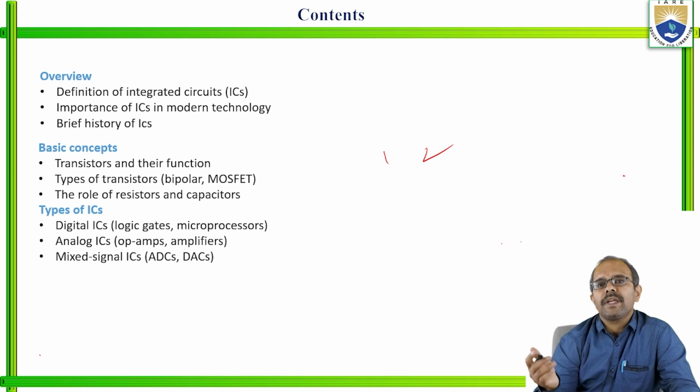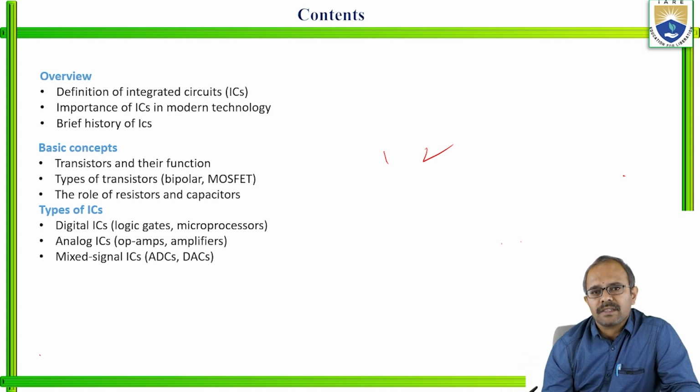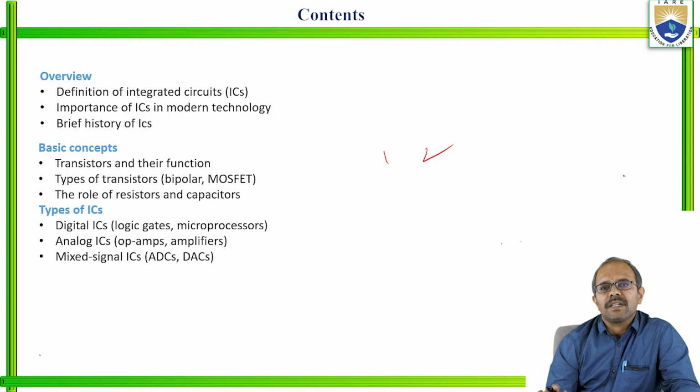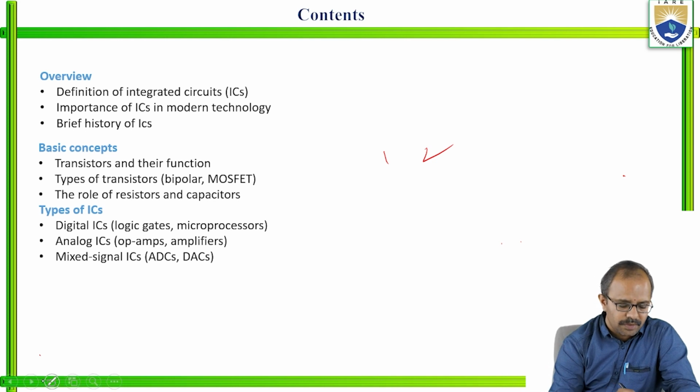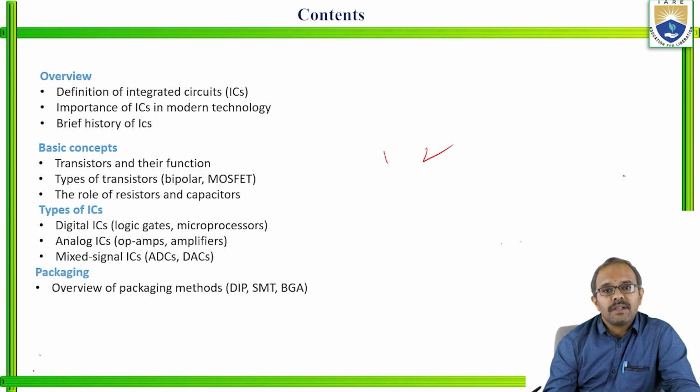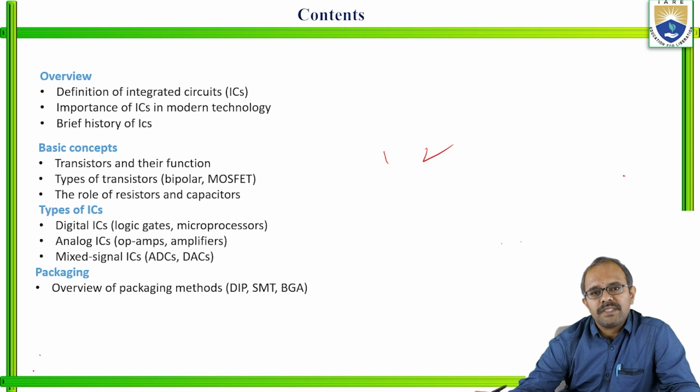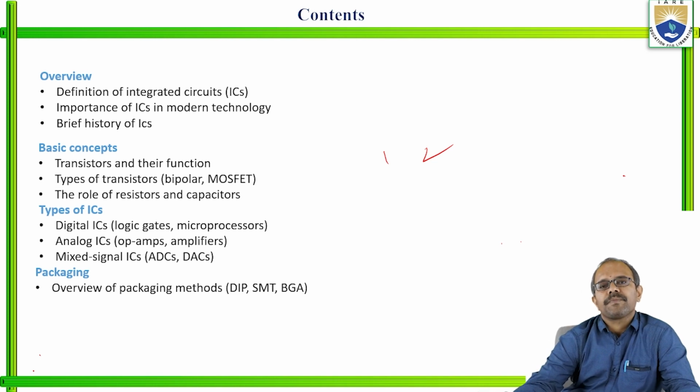Before we go into more details, we are going to discuss the basic classification of integrated circuits. We can say that there are digital ICs, analog ICs, and then mixed signal ICs. These things we are going to discuss, and we conclude the session with packaging.